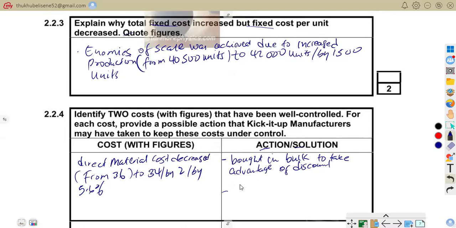Also, we can say well-trained supervised workers result in minimum wastage.